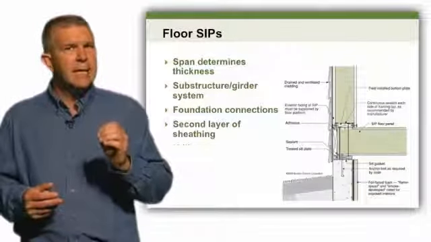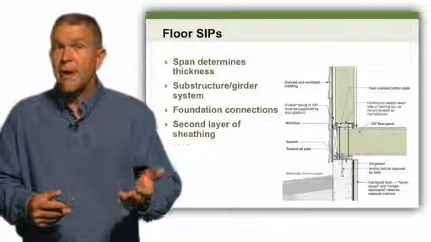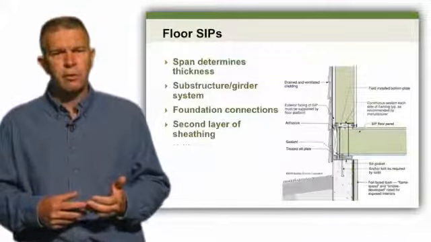So it's a key that if you're dealing with a vinyl floor or a carpeted floor, in a lot of cases, you now need to put another layer of sheathing over top of that floor system.